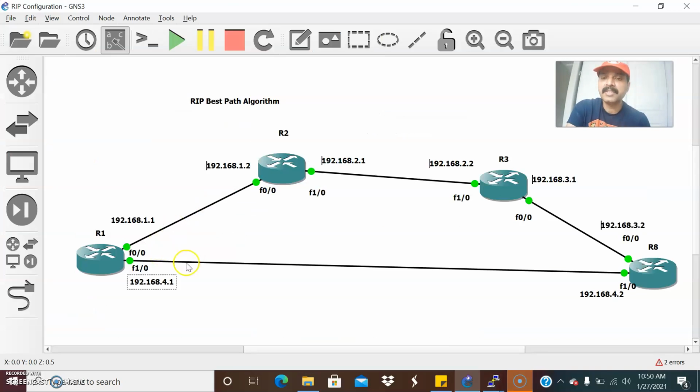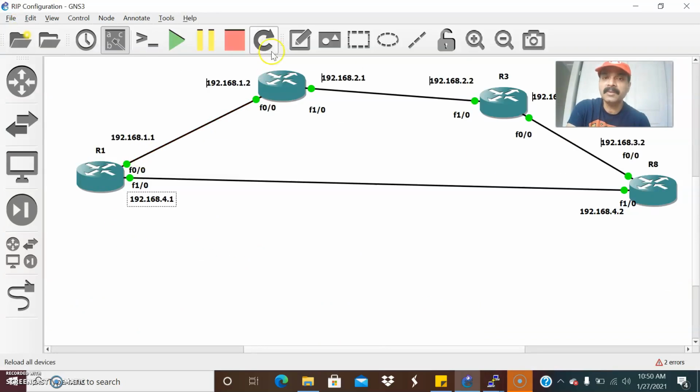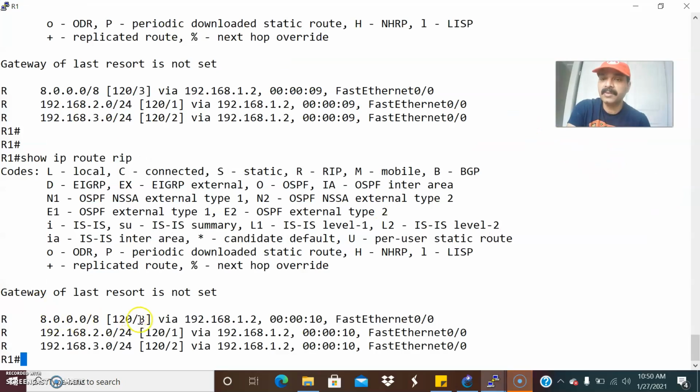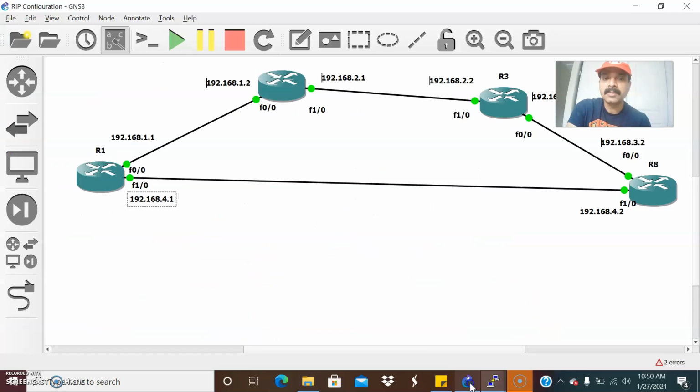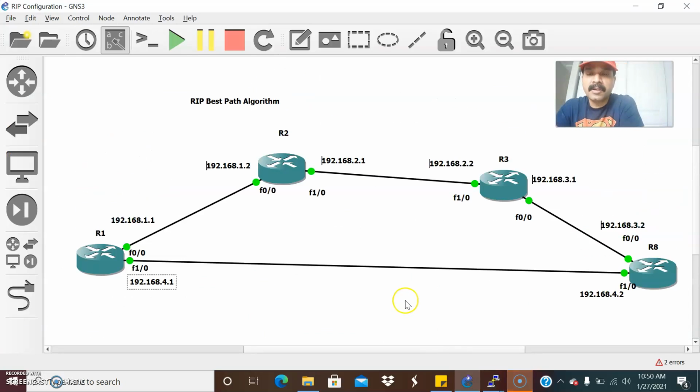After shutting down this interface, you can see the difference. It selects the corresponding older path, but this is 3 hops away. That is the reason you're seeing 120 by 3. So 120 is the administrative distance. So this is the way RIP selects the best path. It always uses hop count for finding the best path, so it always selects the path with the fewest hops away from the neighboring router.